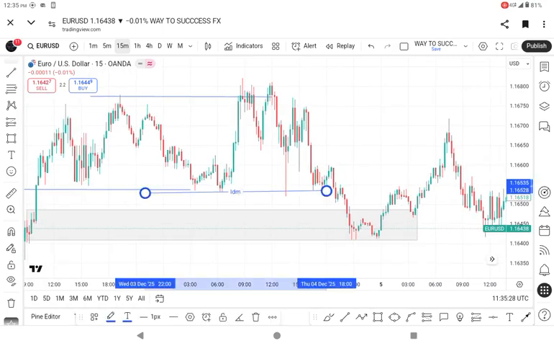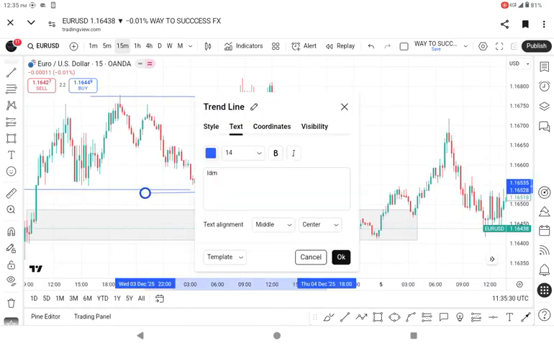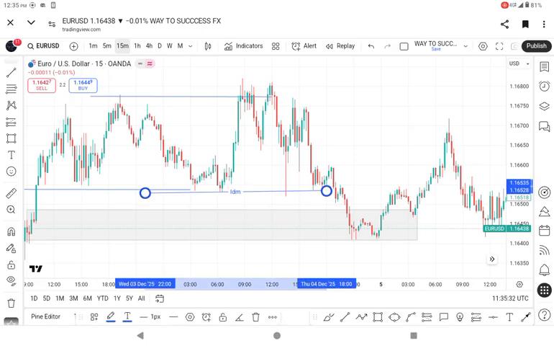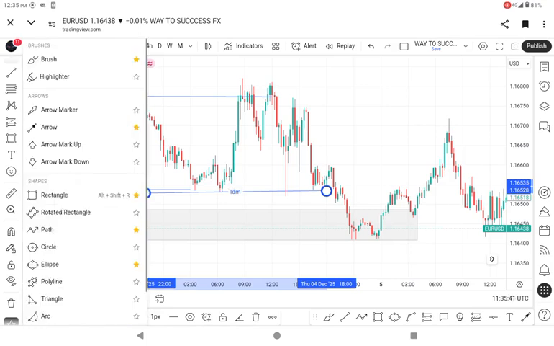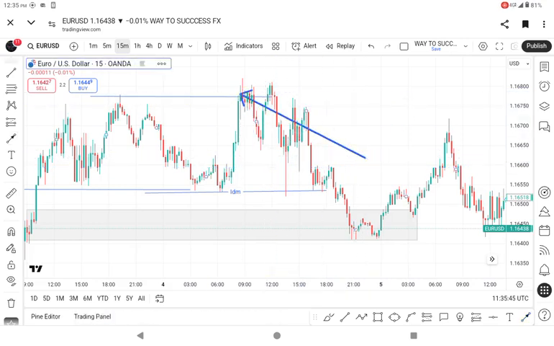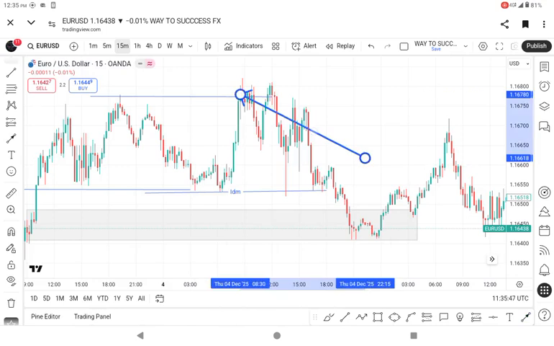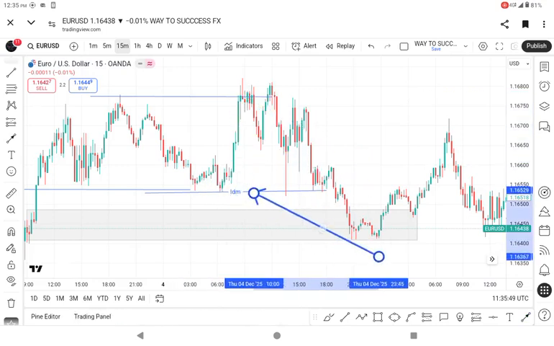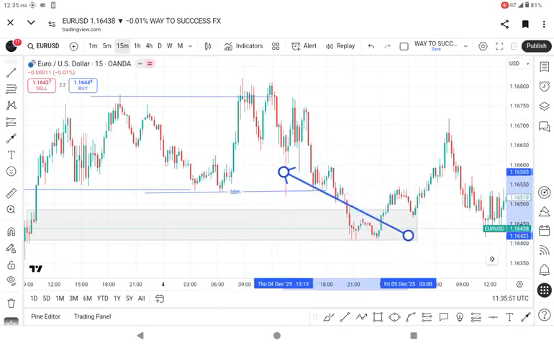So already this is my H1 inducement that has now turned to a break of structure because price has tried to go up from this level but failed. So price tried to go up from here. As you can see, it swept the inducement.